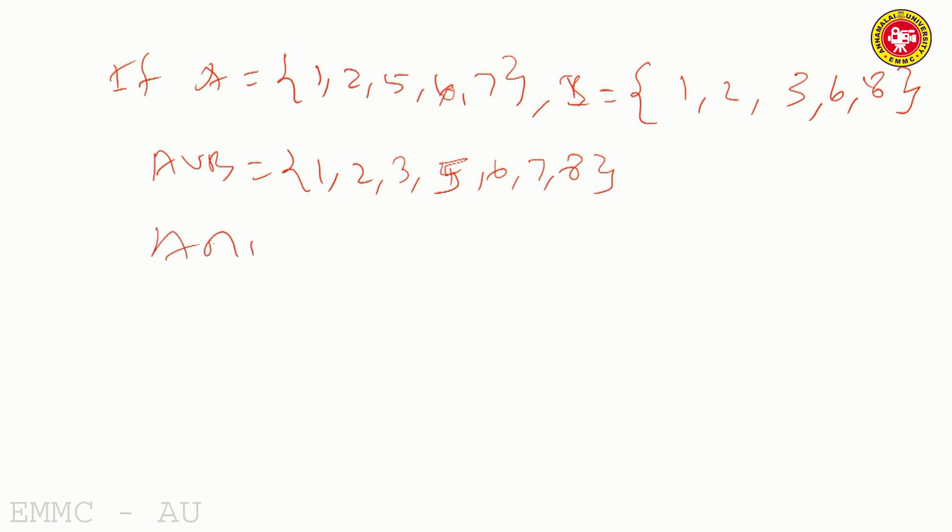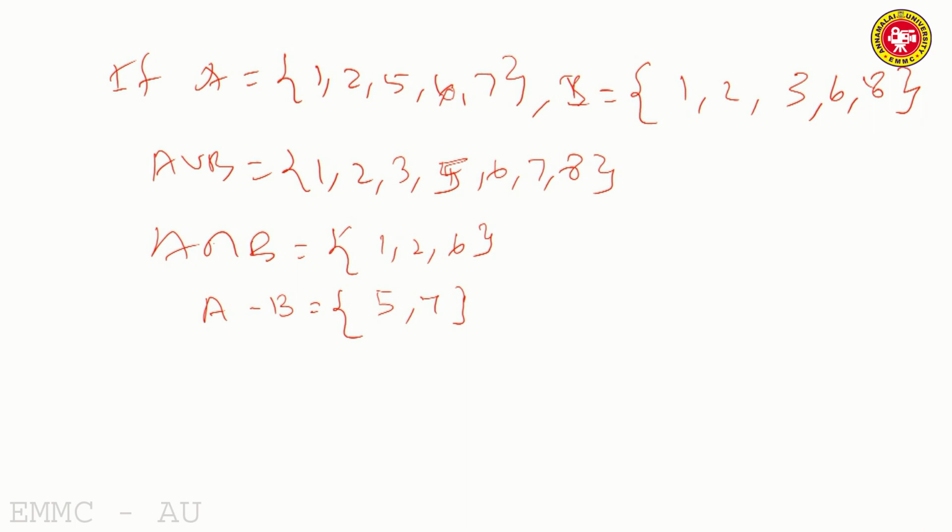Now our A intersection B is the common elements between A and B, that is 1, 2, 6. That's it. And again our A minus B is equal to the elements which belong to A and do not belong to B, that is 5 and 7. These elements 5 and 7 are in A but not in B.